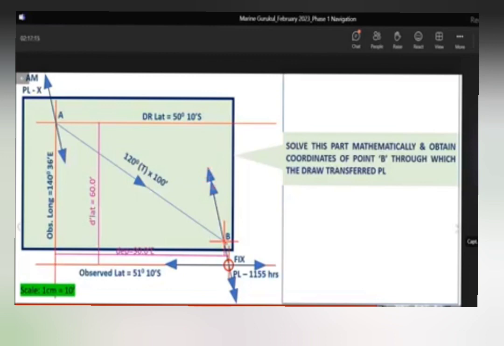Then we can plot the transferred PL directly and we do not need to reference it to this point A out here. Why? Because all this has been done mathematically.